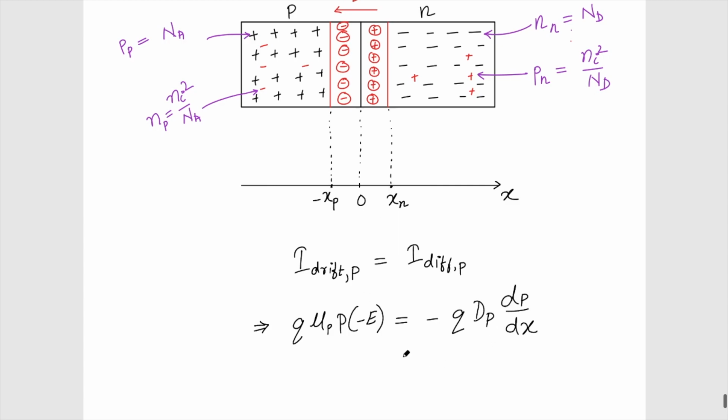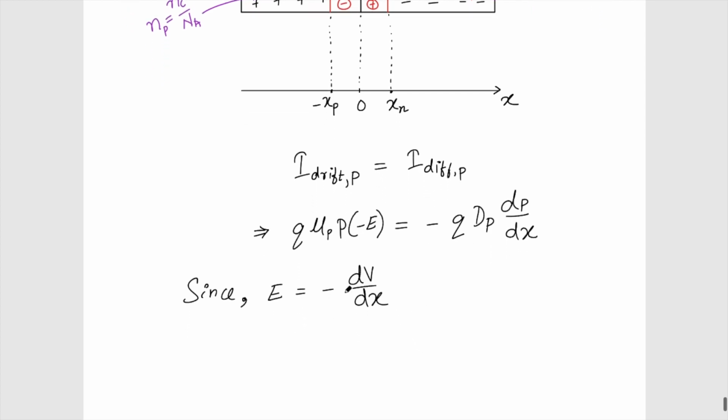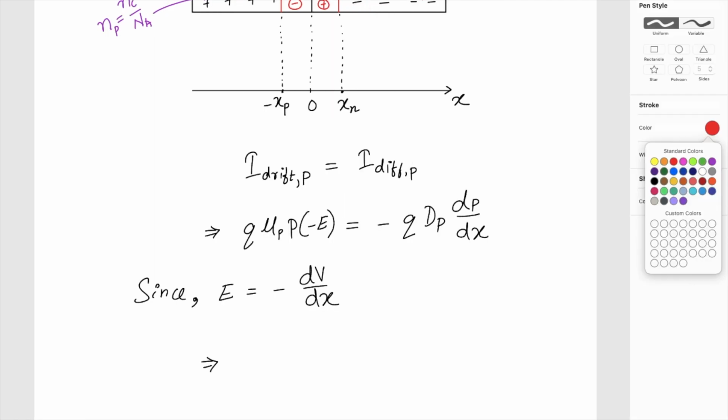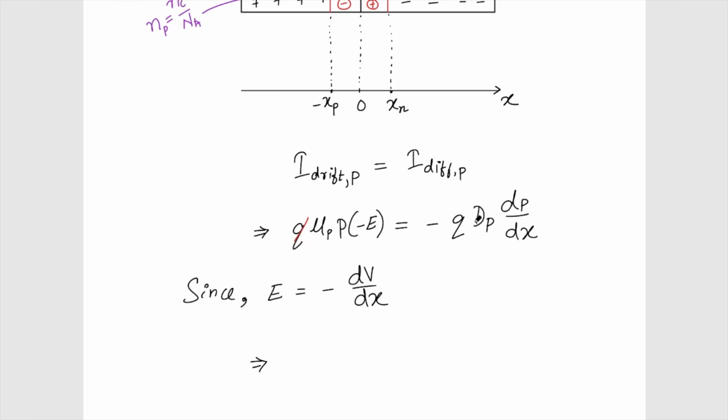Now since we know that the electric field is given by minus dV by dx, if I substitute here, the negative will get cancelled, and of course q and q also get cancelled.